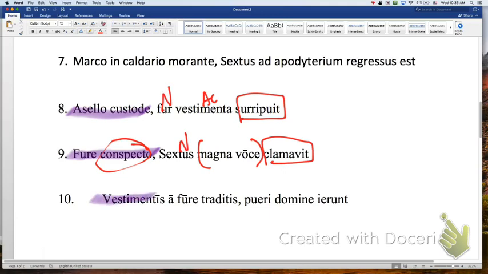Okay, and this last one. What's my participle? Traditus. And what kind of participle? Yeah, it is a PPP. It comes from trado, tradere, tradidi, traditus.